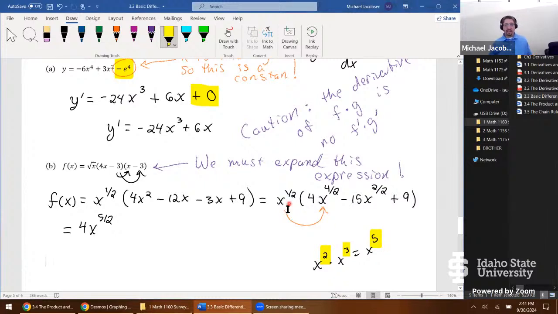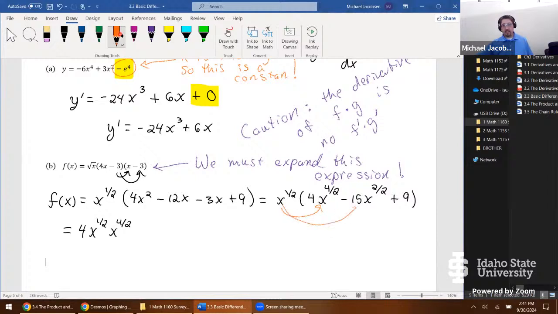But now when we're multiplying x power 1/2 times x power 4/2, we take the exponents, 1/2 and 4/2, and just add them together. That's how we're getting the 5/2 right there. But those exponents are pretty wild. Just to help visualize this a little bit better, let me write out my next step in this way. Multiplying here to here, going in stages, would give us 4 x power 1/2 times x power 4/2.